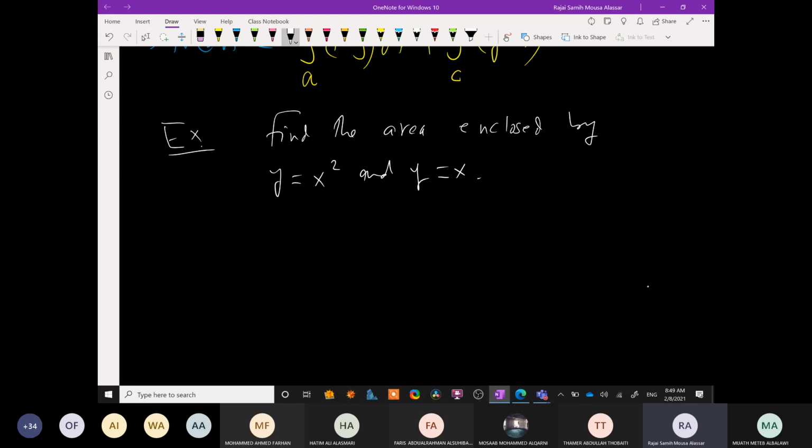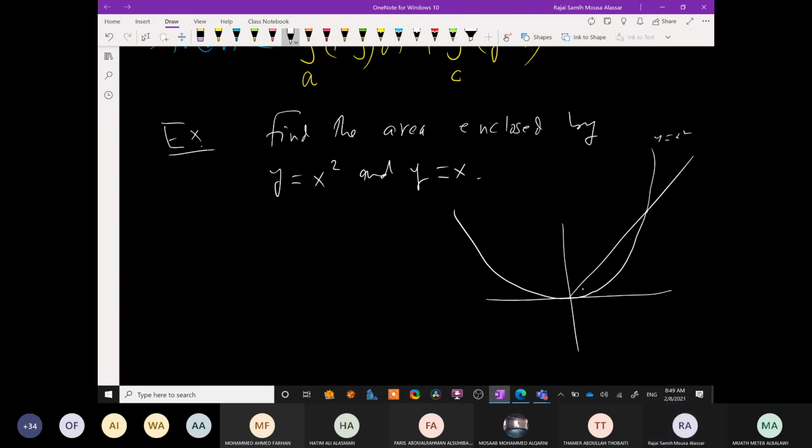All right. So first of all, let's sketch them. So this is y equals x squared, and this one is y equals x.